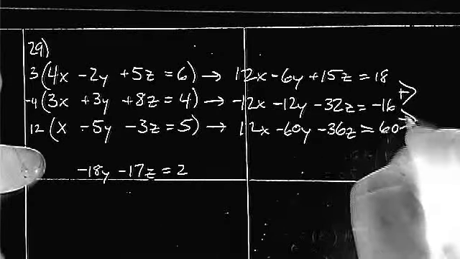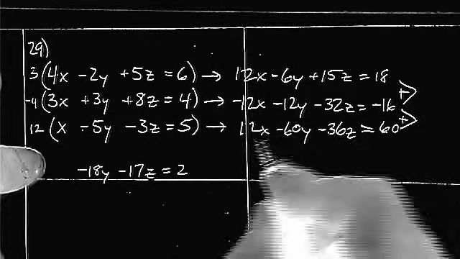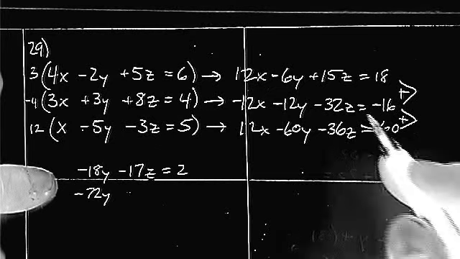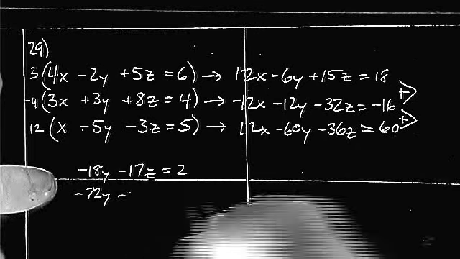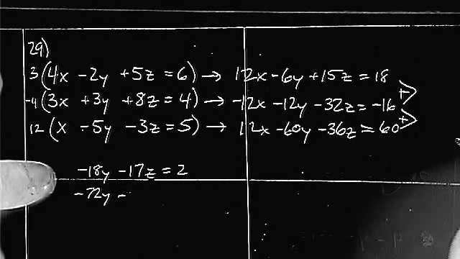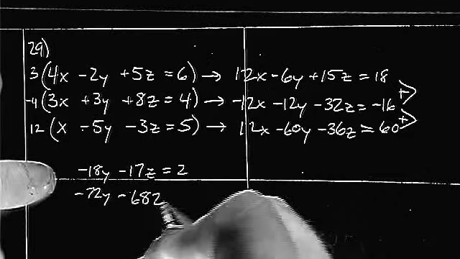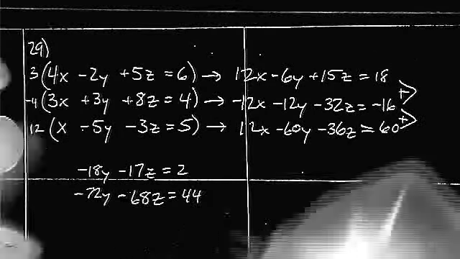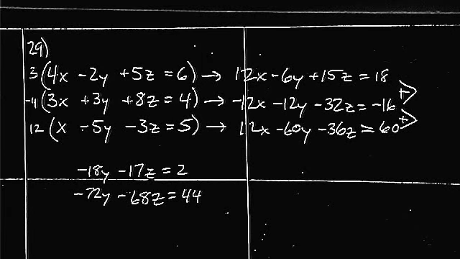And then if I add these two together, the x's cancel. I get negative 72y minus, wow, this is getting ugly, 68z equals 44. Boy, this is grotesque.